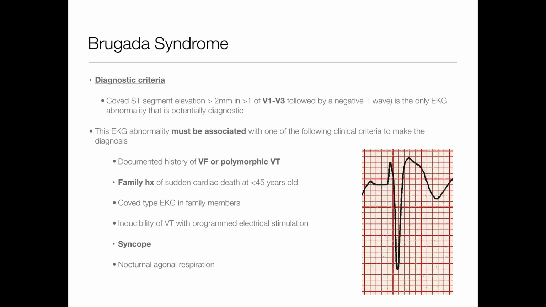That means that they've either had a documented history of ventricular fibrillation or polymorphic VTAC, a family member that they know of that died under the age of 45, somebody else in the family that they already know has this type of morphology on an EKG, or a syncopal episode. So they come to the emergency room or come to see you after a syncopal episode, you do the EKG, and you see this Brugada sign, you can make the diagnosis of Brugada syndrome.